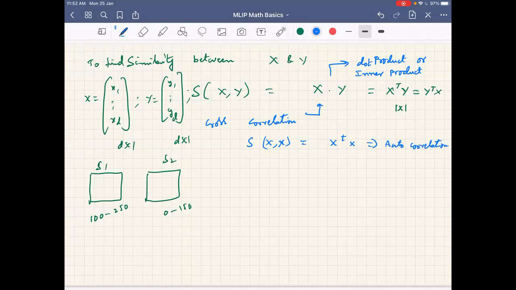Fine. So now what we are planning to do is normalized cross correlation. For what reason are we doing normalization? To have a similarity score.